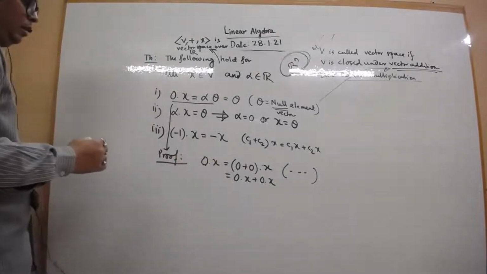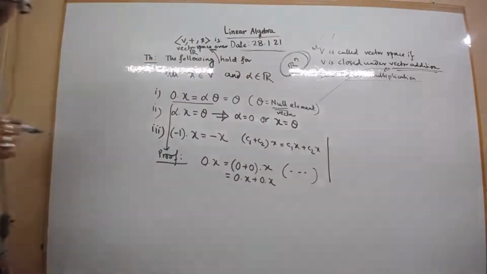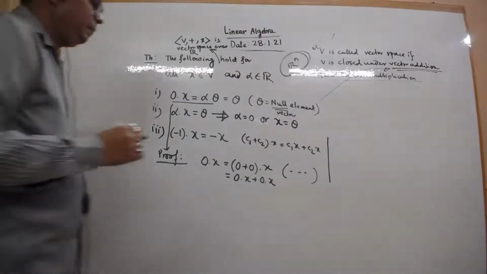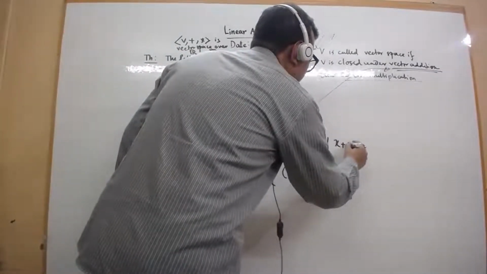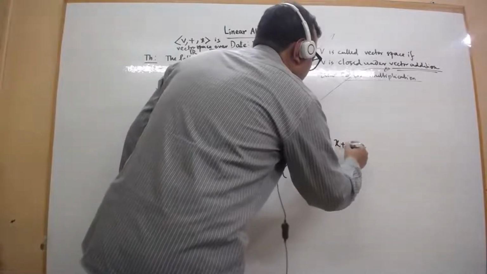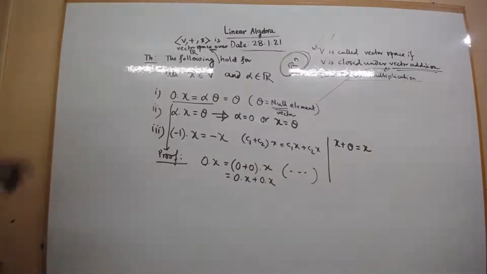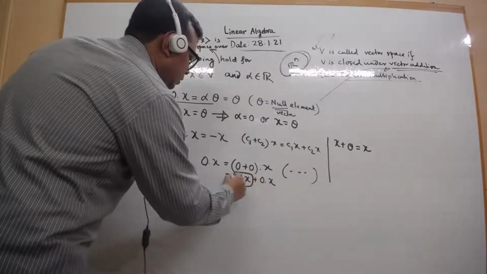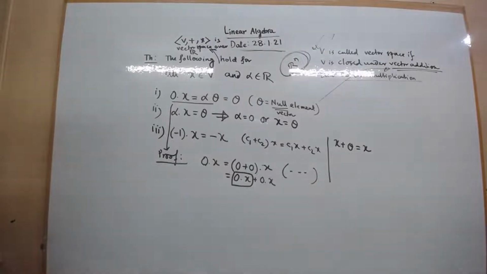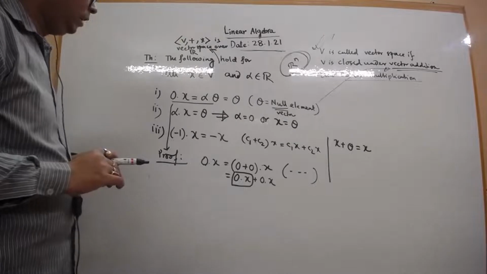Now we know that if theta is a null element, then for all x, x plus theta equals x. Suppose 0 into x is an element belonging to V, because V is closed under scalar multiplication.